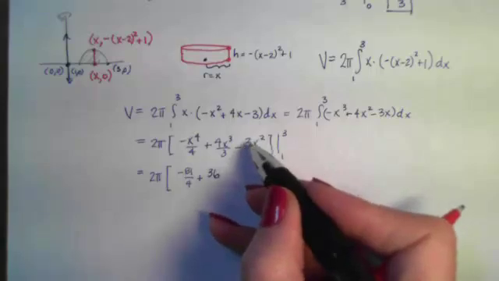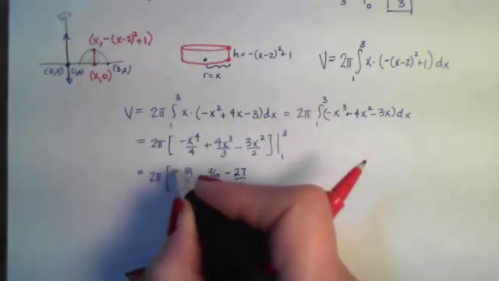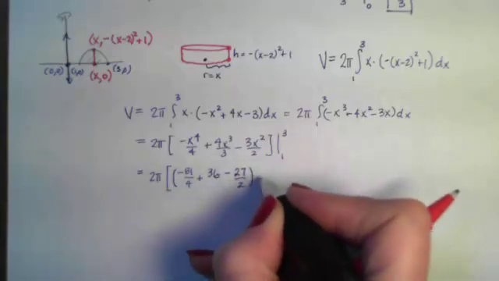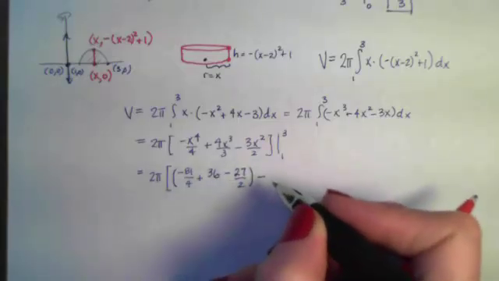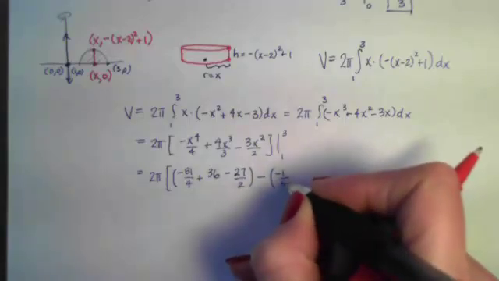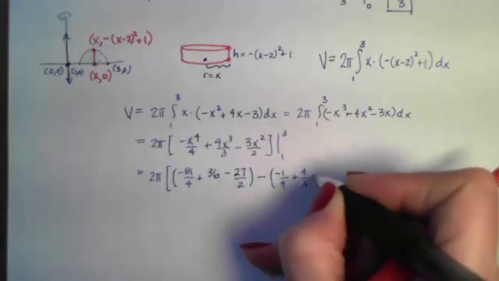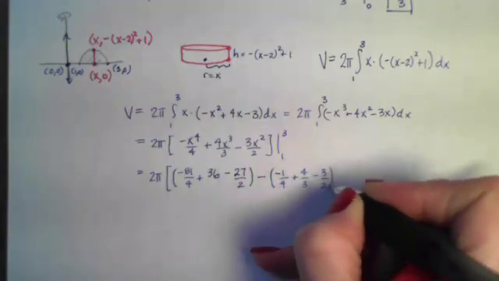And then I have a 9 times a 3 is a 27 over 2. So there's plugging in the 3. Now I need to subtract what I get when I plug in the 1. So the 1's going to give me a negative 1/4 and a positive 4/3 and a negative 3/2.